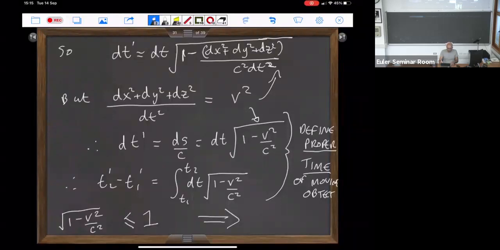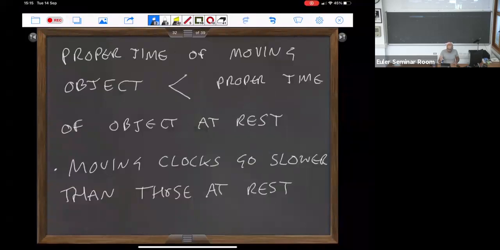Now, comparing the left and right-hand sides of these formulae and using the fact that the square root factor, 1 minus v squared over c squared, is always less than or equal to 1, tells us that the proper time of a moving object is less than the proper time of an object which is at rest relative to that moving frame.